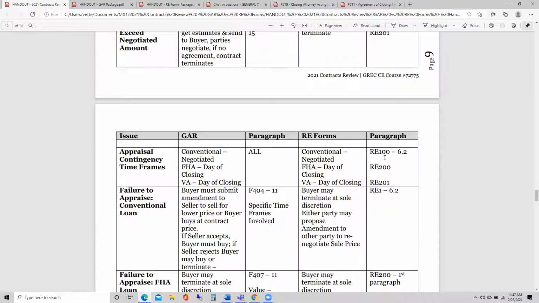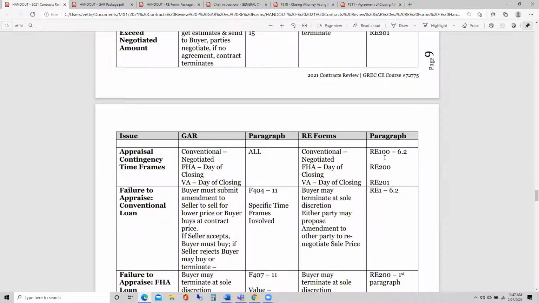Yes, you can mix the forms. It's not that you can't mix the forms. You just have to look at what the forms say. For example, if the buyer and seller are binding under the RE forms contract package, we already discussed there's no unilateral right to terminate. There is a GAR amendment to extend the closing and possession date.